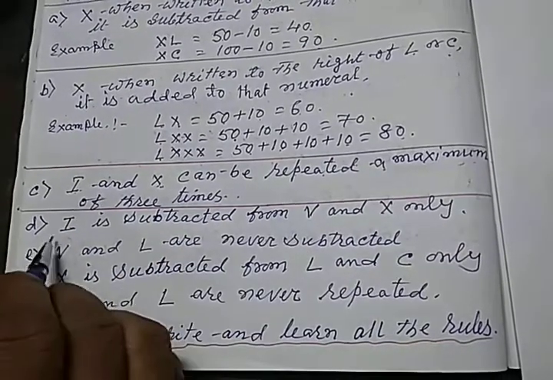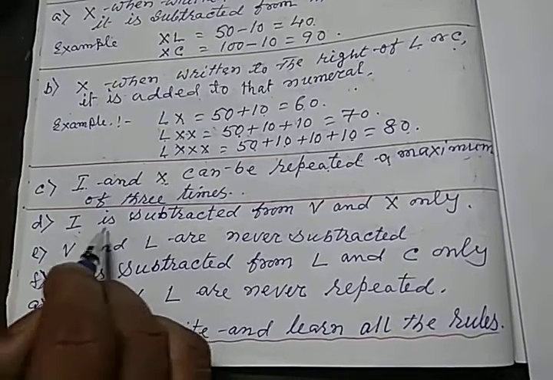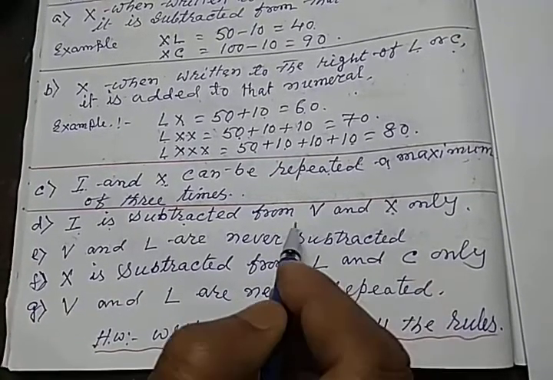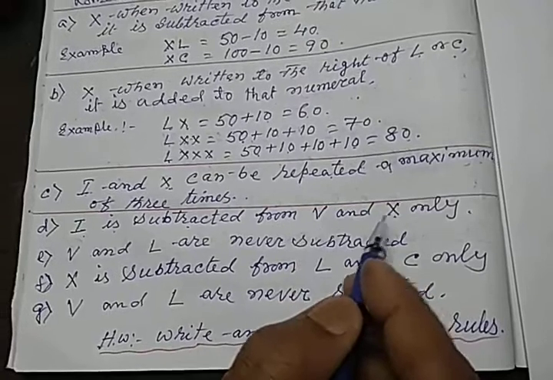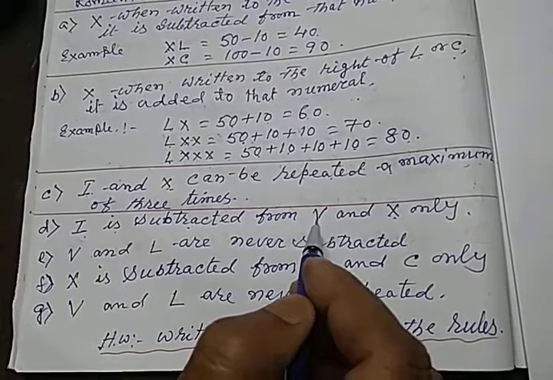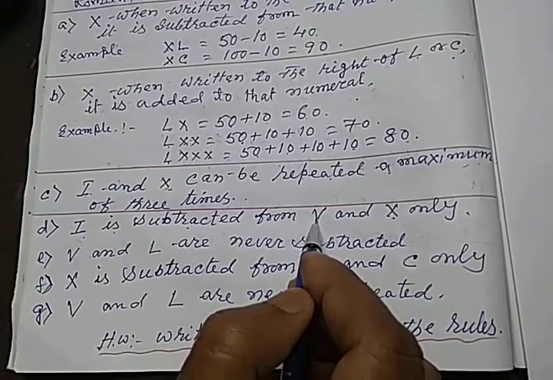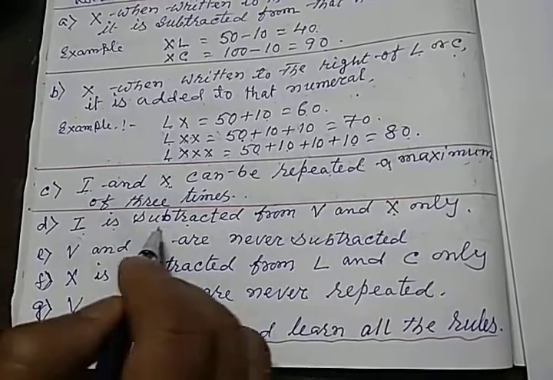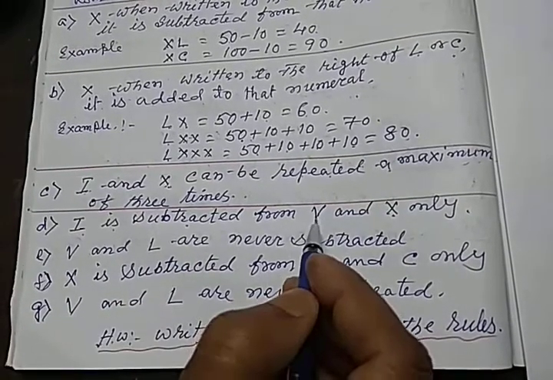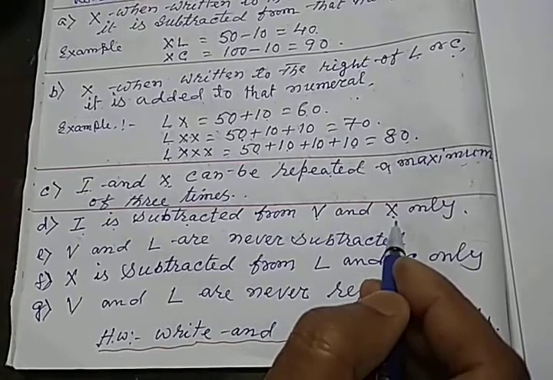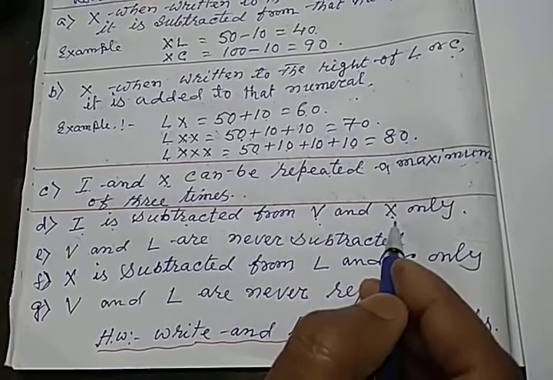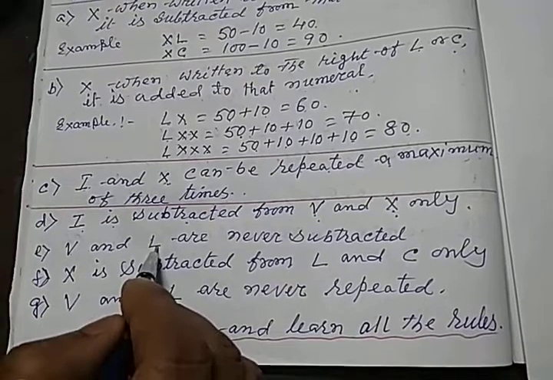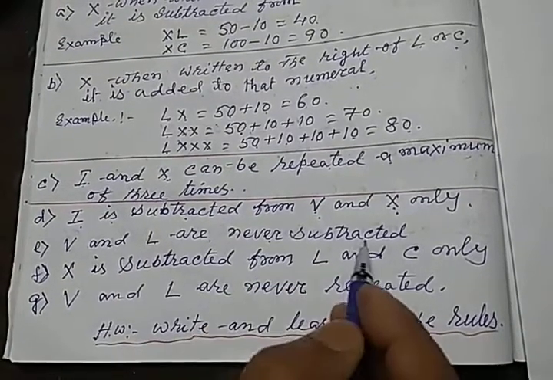Rule number D: I is subtracted from V and X only. You cannot subtract I from any other numeral, only from 5 and 10. That means I is subtracted from V and X only. Rule number E: V and L are never subtracted.